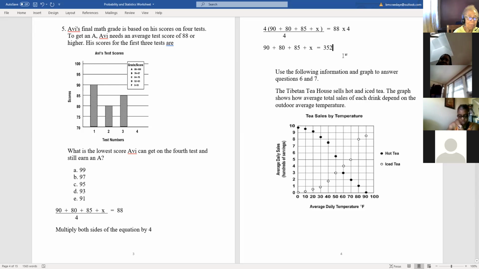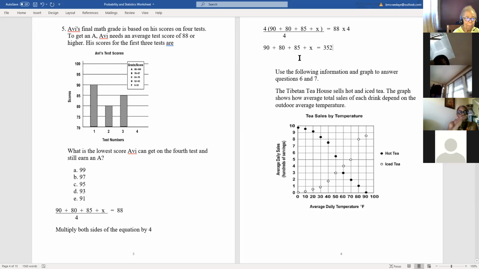Now, how do I solve for X? Vanessa, what do I do first? 90 plus 80 plus 85 plus X equals 352. How do I solve for X?